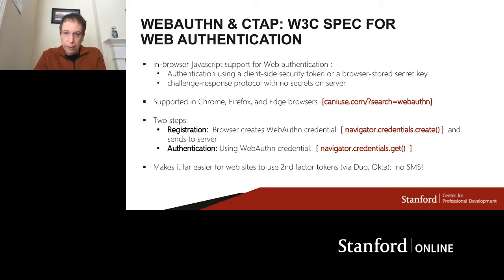So effectively, when you connect to a remote website, authentication is done using a second-factor token that you hold in your hand. You can plug it into your computer or connect it to your computer via NFC. It also supports browser-based long-term secrets that can be used for authenticating users to remote websites. So basically, this is a way to provide much better challenge response authentication protocols for remote websites.